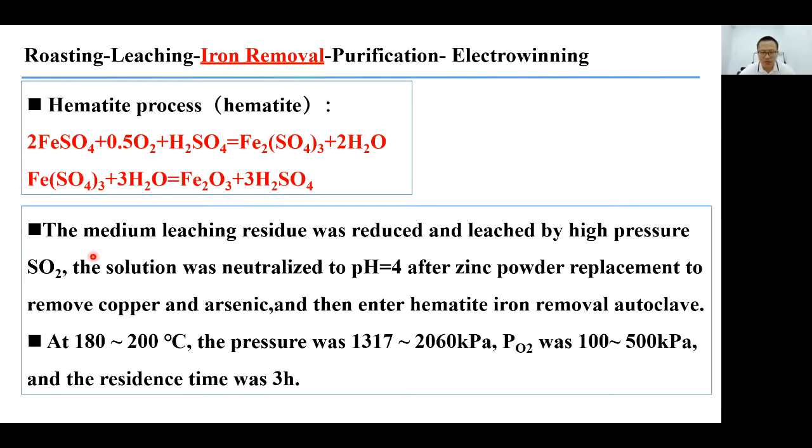Actually, the leaching reagent is sulfuric acid, and the pH value was 4. And in an autoclave at around 200 degrees C, processing for 3 hours, we are getting this hematite because of the utilizing of autoclaves and the long residence time.